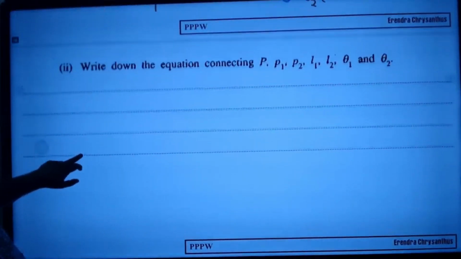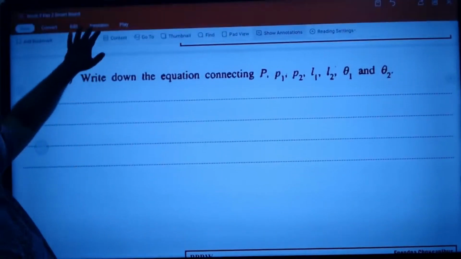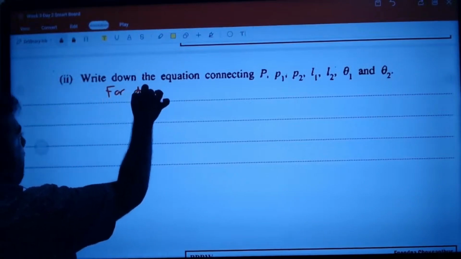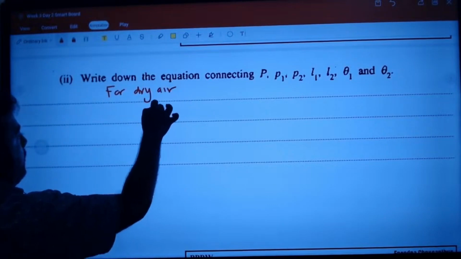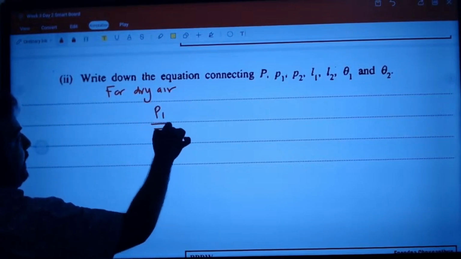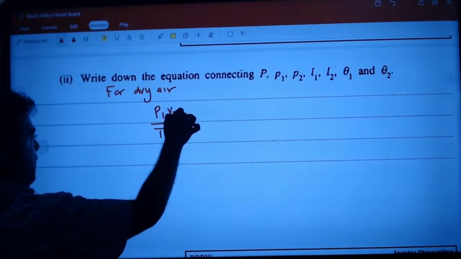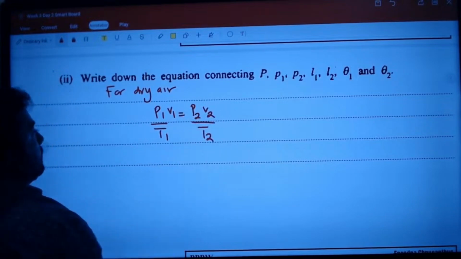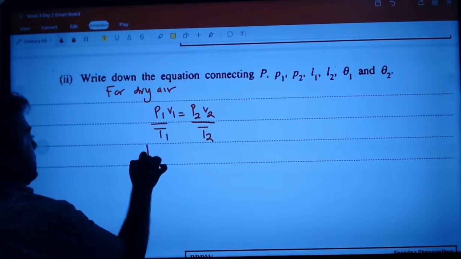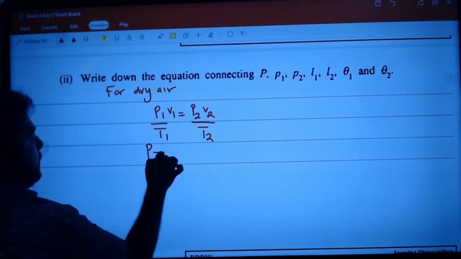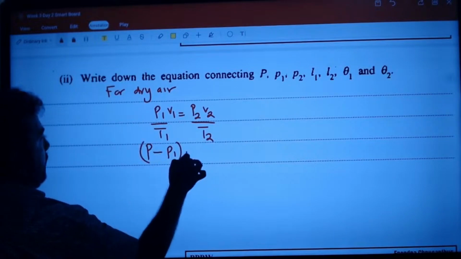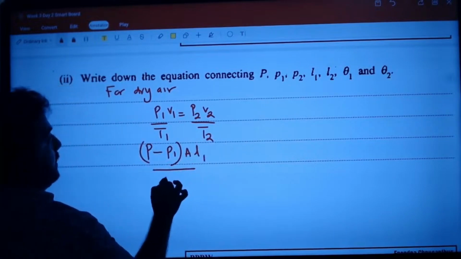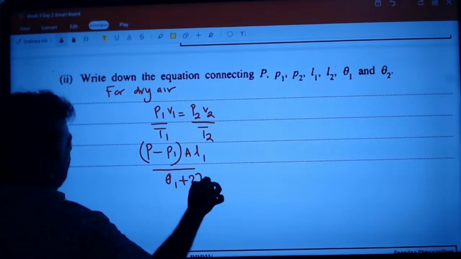Write down the equation connecting all of this. So we are applying for air. For dry air you can apply P1 V1 over T1 equals P2 V2 divided by T2, right? Pressure of air is P minus P1, cross sectional area A into L1, temperature is theta 1 plus 273.